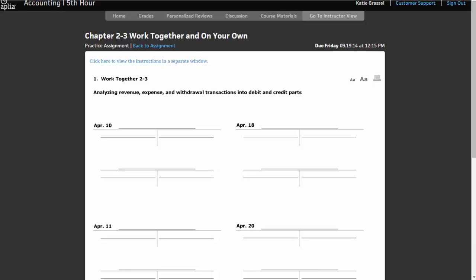Remember, assets, liabilities, and owner's equity are the only ones that we use for determining by the side of the equation, okay? So revenue, we're going to determine its normal balance by what it does to owner's equity. So what does revenue do to owner's equity? Increases. What is the increase side of owner's equity? Right, which is called credit. So the normal balance then for sales is going to be a credit.